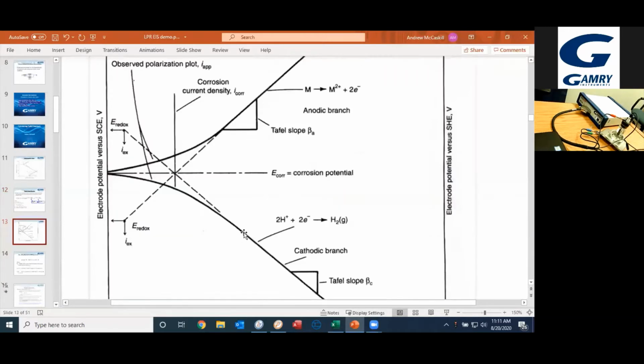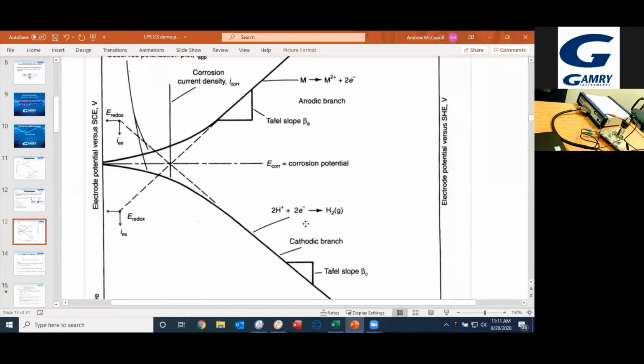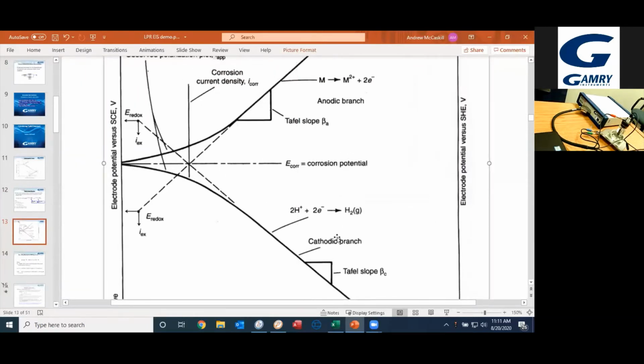And then conversely, if you have a more negative potential down here than you have for the corrosion potential, then you're going to have the cathodic branch, which is going to be dominating the reaction and the observed current. And you have a slope associated with that right here, our Tafel slope for the cathodic branch.